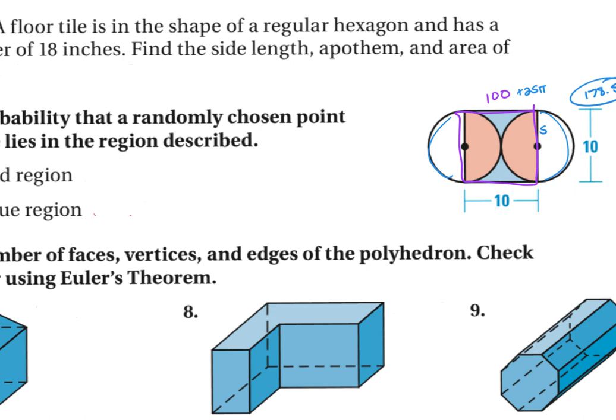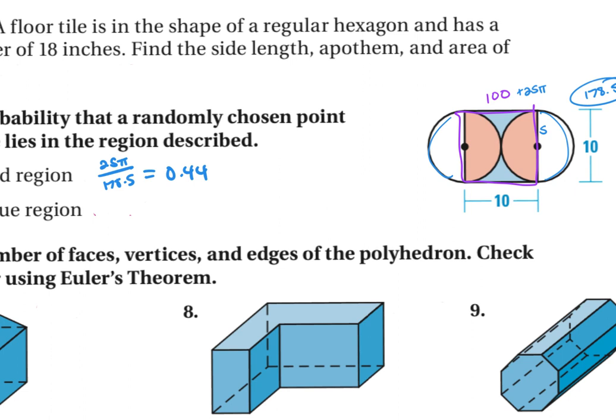So the area of red was the circle, which is 25 pi over 178.5. I don't remember doing probability with square. We totally did area probability. We did probability with area.